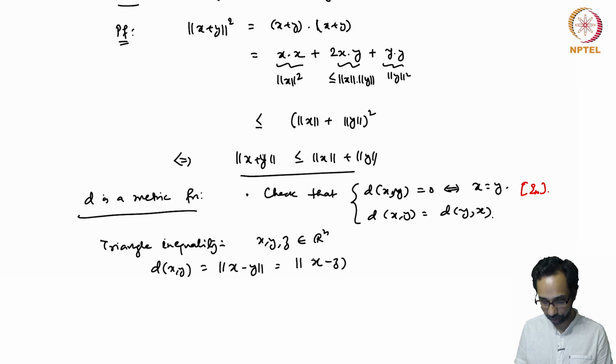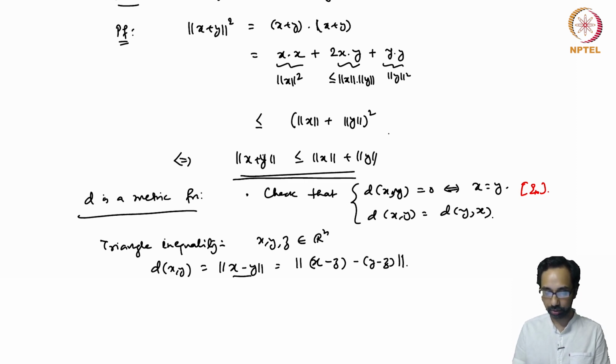So we take (x - z) - (y - z). We can check that this gives you the same vector x - y. And now we can use the triangle inequality for the Euclidean norm.